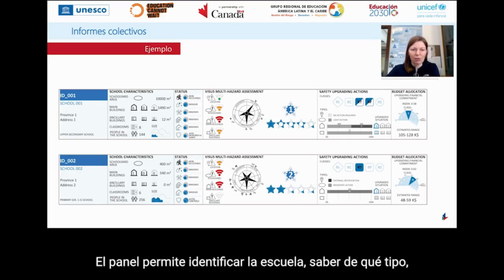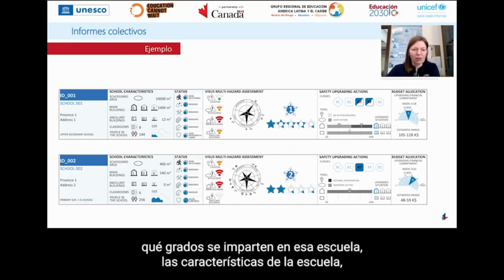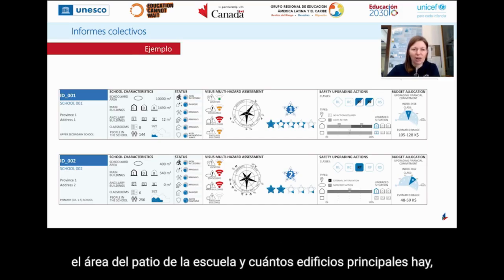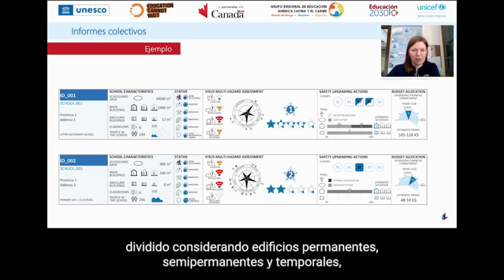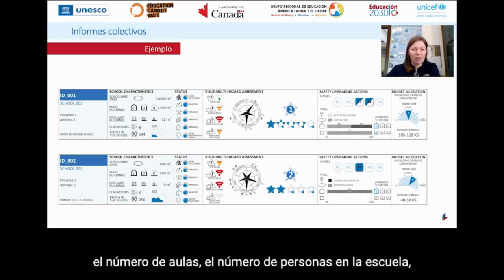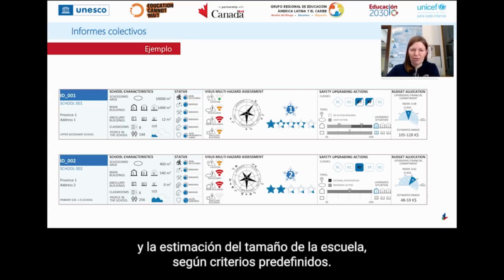The panels allow to identify the school, know what type, what grade of level is taught in that school, the school characteristics, the school area, how many main buildings there are, if they are permanent, semi-permanent or temporary, the number of ancillary buildings, also divided considering permanent, semi-permanent and temporary buildings, the number of classrooms, the number of people in the school, and an estimation of the size of a school according to predefined criteria.